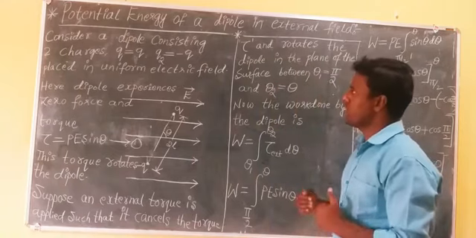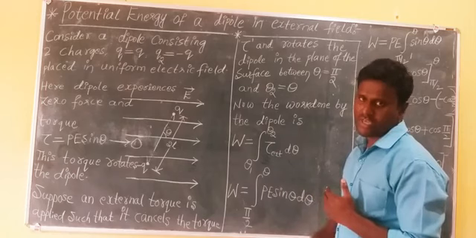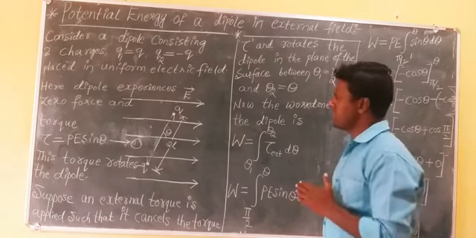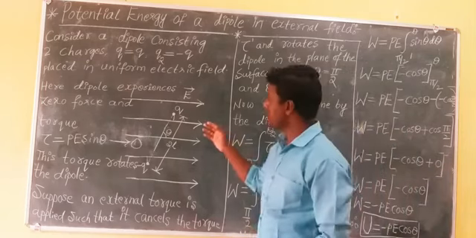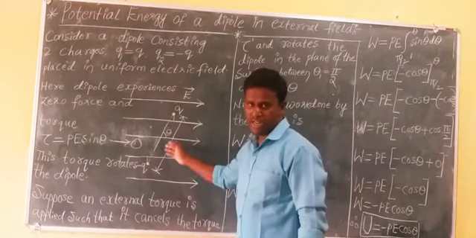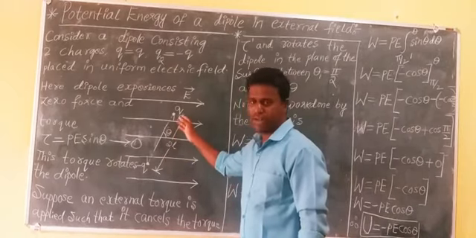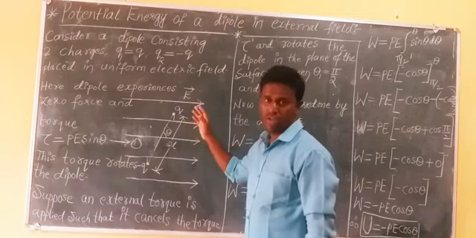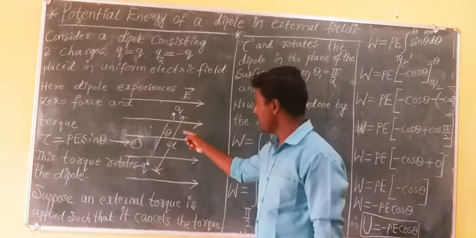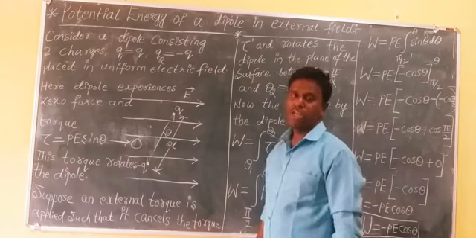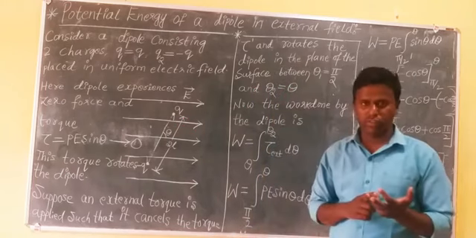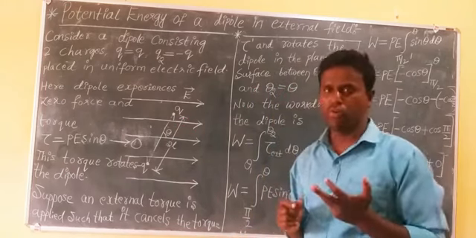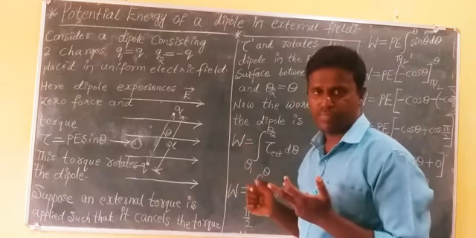Once you go through the derivation, you will definitely understand. It is very simple. First I consider a dipole placed in an electric field, a uniform electric field. Whenever a dipole is placed in a uniform electric field, it experiences zero net force and a torque.